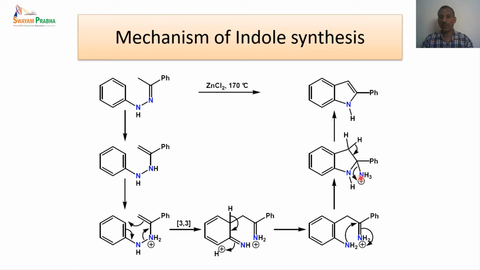Once this ammonia is lost, this carbon becomes a carbocation. To compensate for that, the hydrogen is lost as a proton, and this bond shifts between these 2 carbons. Now the charge on this carbocation is neutralized, and we get a double bond here. This is how the final cyclized product, the substituted indole, is formed.